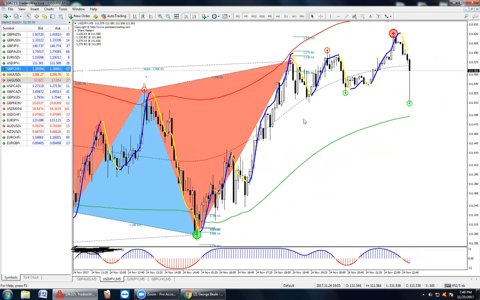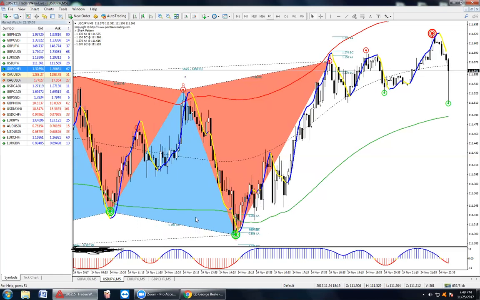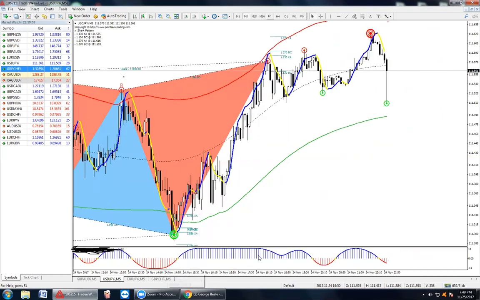We also utilize these red and green dots as a form of support and resistance, and another support and resistance indicator, which is these green and red lines here. And then we also utilize a specialized MACD, which is this red and blue MACD indicator at the bottom.